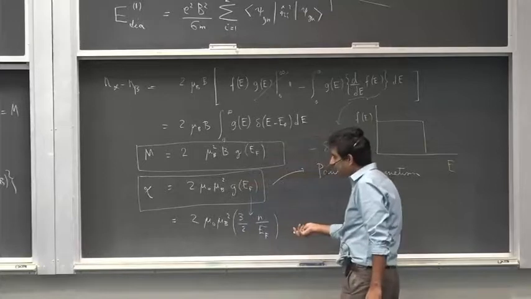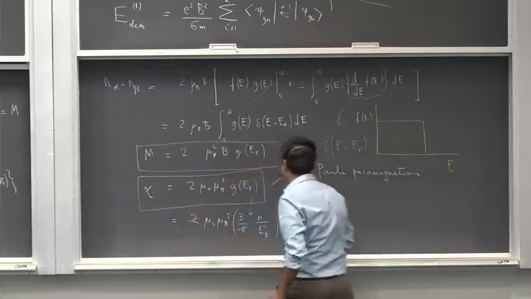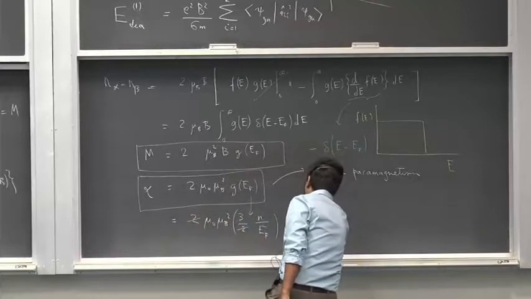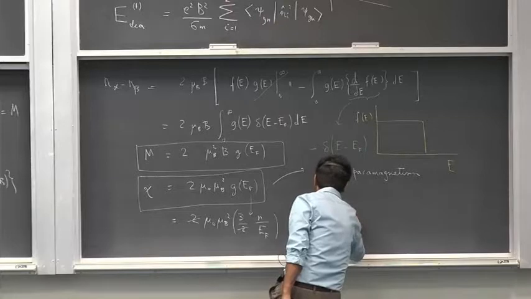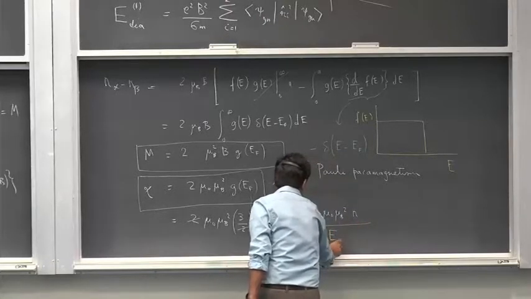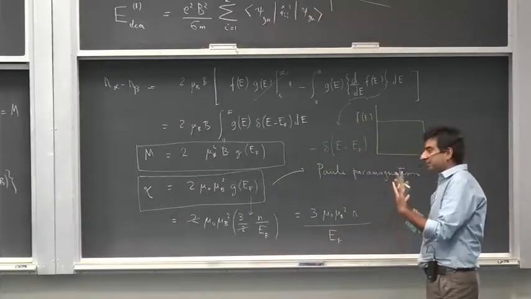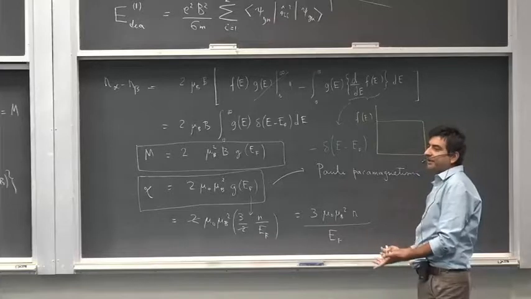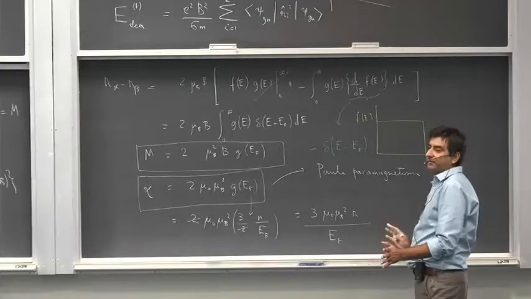I think I could derive it, but I don't have the time for that. So chi equals 3 mu naught mu B square n over E F. This is the Pauli susceptibility, the Pauli paramagnetism for a sea of free electrons, independent of temperature.